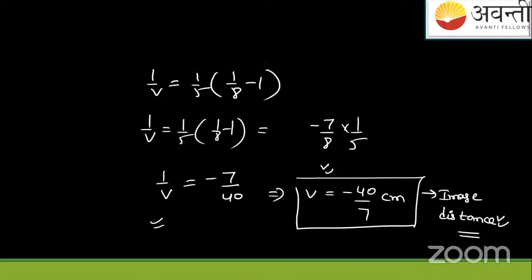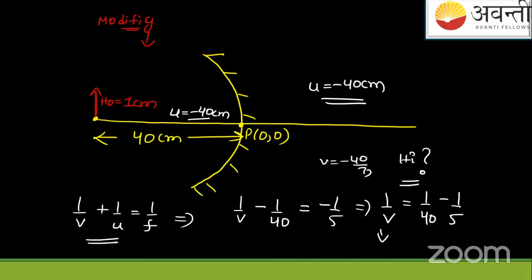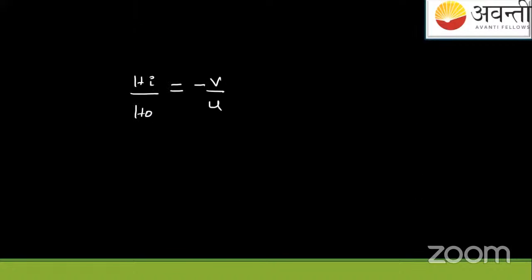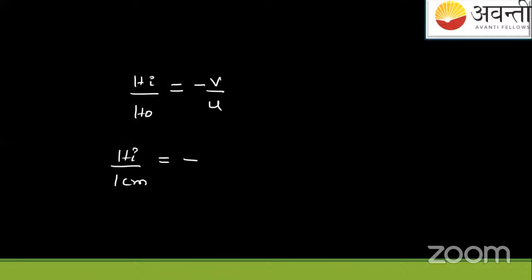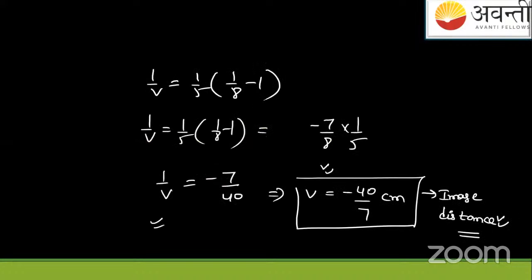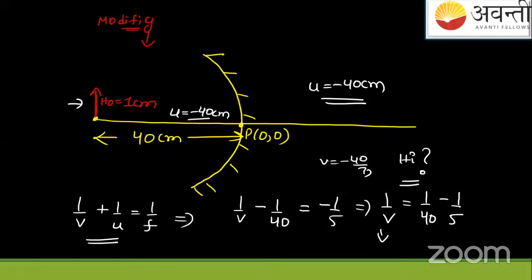So we'll write here, okay, just hold on. Object height was how much? Object height is plus 1 centimeter. Minus v by u. v you got here as minus 40 by 7 centimeters. u here is 40 centimeters, but since we are taking the sign conventions, you will write u as minus 40.